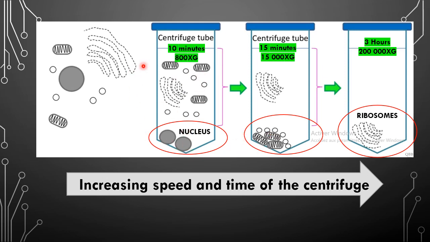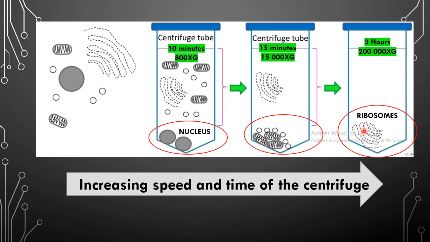For example, when we use the centrifuge for 10 minutes at 800 g, we can have the nucleus in the pellet. If we add more time and more speed, we can have the mitochondria, the lysosomes and peroxisomes in the pellet.